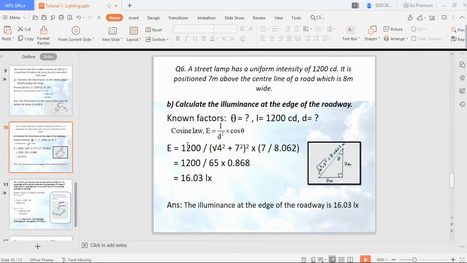If you put all of the variables into it, you get something like this, and then you get the illuminance. The answer is 16.03 lux. So you need to use the triangle law to solve this question.